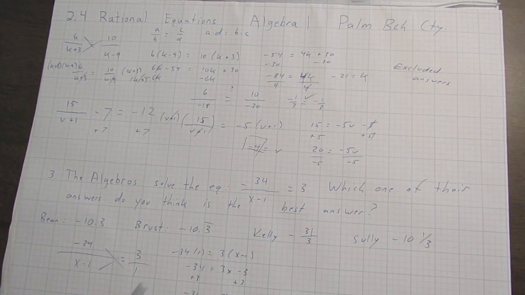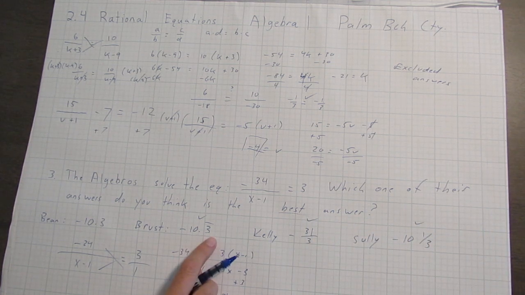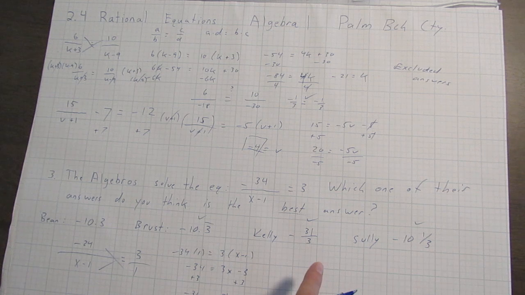When you do that, these three are all equivalent. Negative 10.3 repeating is negative 10 and a third. But if I write it as an improper fraction, it's negative 31 thirds.